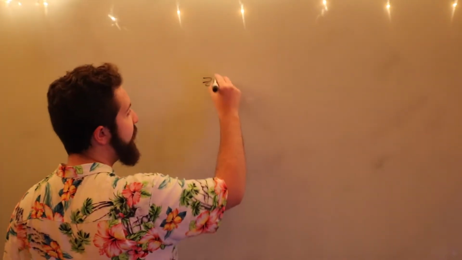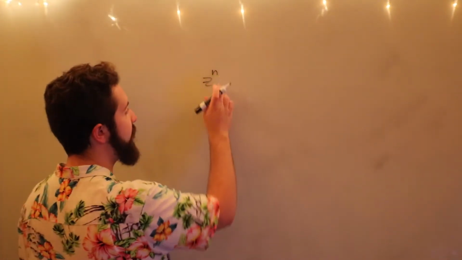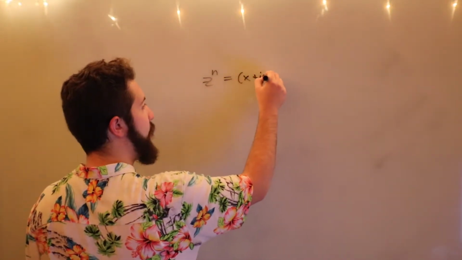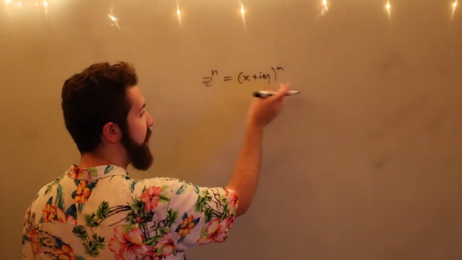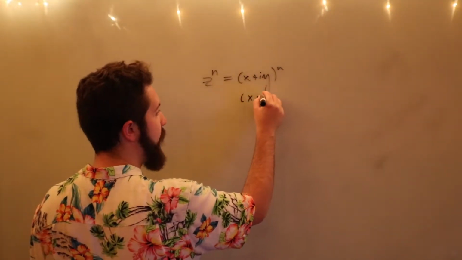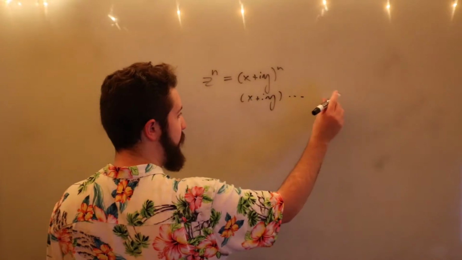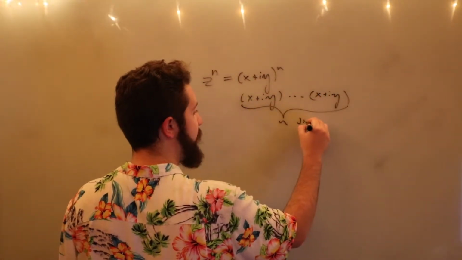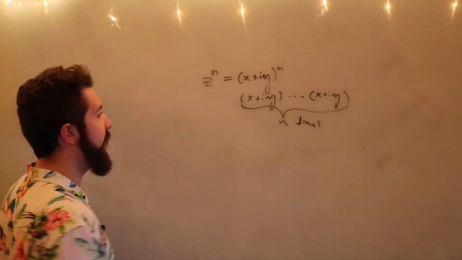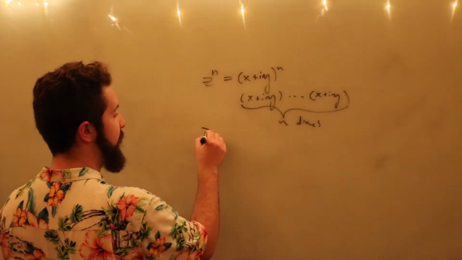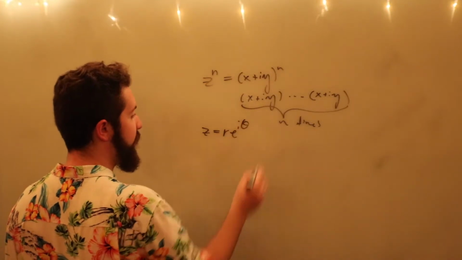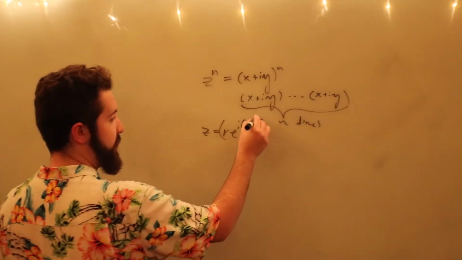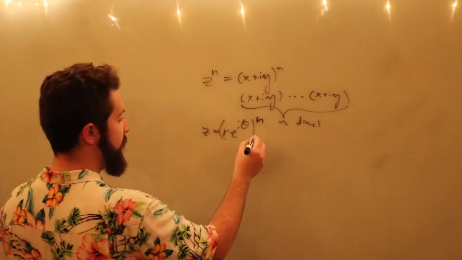All right, now taking powers of complex numbers. Suppose I want to take z to the power n, where n is a positive integer. Well, we could write x plus iy to the n, and this is just x plus iy times x plus iy, and so on, n times. But that would be really tiring, and we really don't want to do that. So let's instead write z in the polar form, r e to the i theta, to the n, and then we use the cool property of exponents.